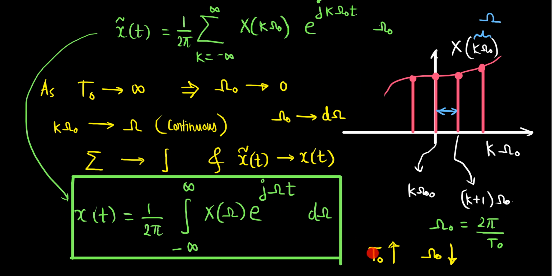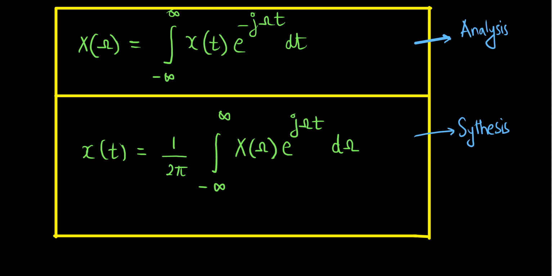As t naught tends to infinite, this omega naught tends towards 0, and these discrete components come closer and closer, making this k omega naught a continuous variable, that is omega. And therefore we have obtained these two new expressions which are called as the Fourier transform equations, the first being the analysis, whereas the second being the synthesis equation.